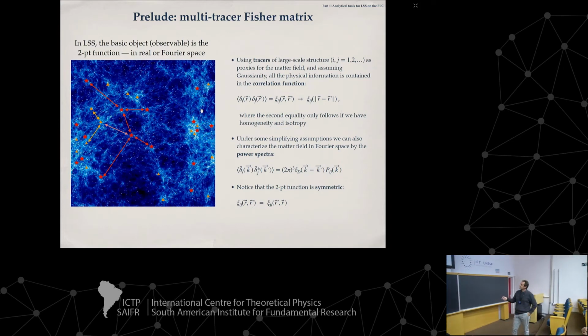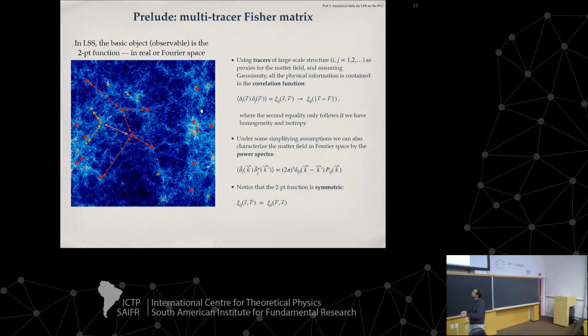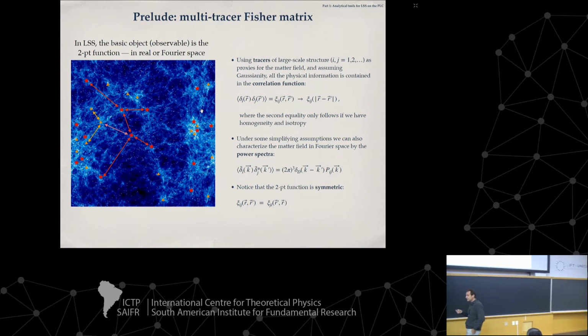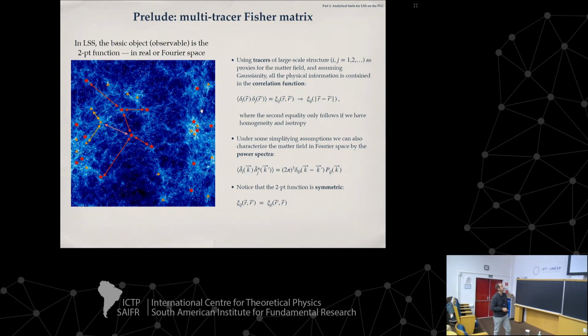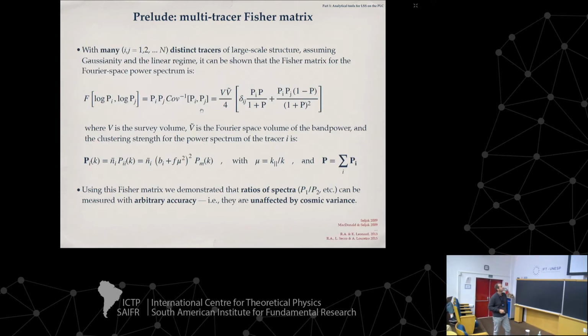These two-point functions are symmetric in the sense that I'm writing here. So we have tracer i at position r, tracer j at position r prime. This is symmetric under the transformation where you exchange i, r by j, r prime. So this is a symmetric object, and our observable is therefore a symmetric object, which is something we have to keep in mind.